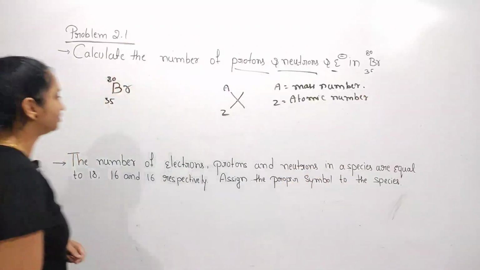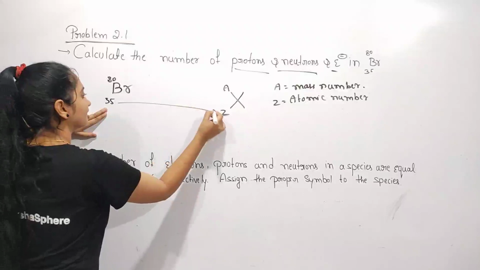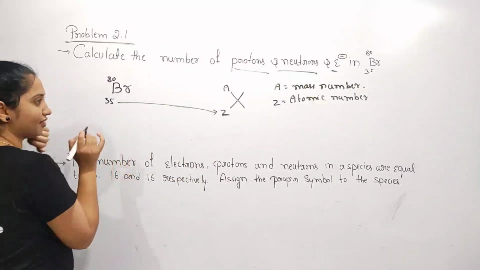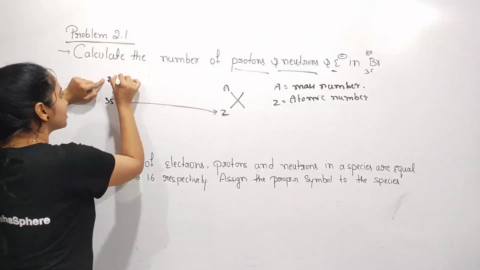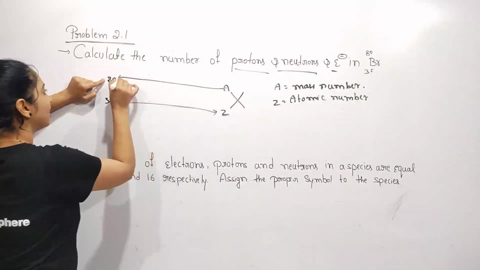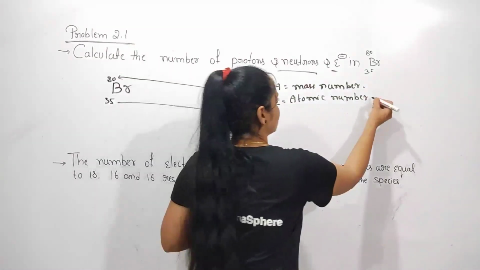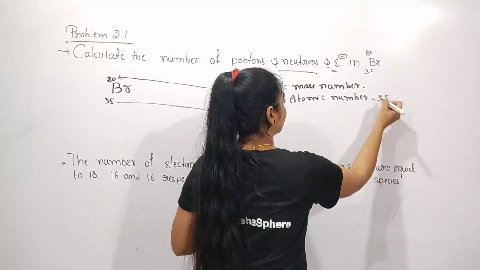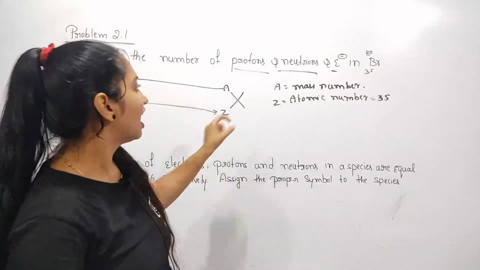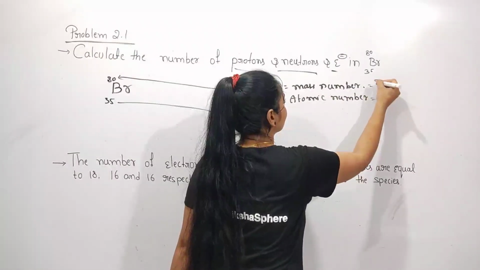In the place of Z we have the value 35, and in the place of A we have the value 80. Then the atomic number is equal to how much here? 35. The atomic number is equal to 35 and the mass number is equal to 80.